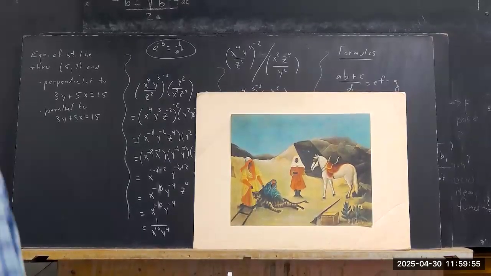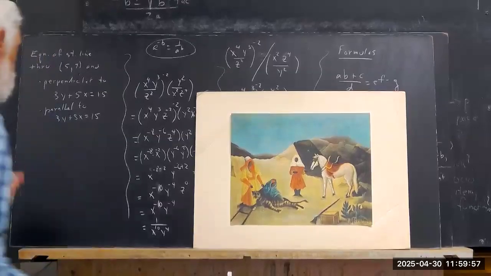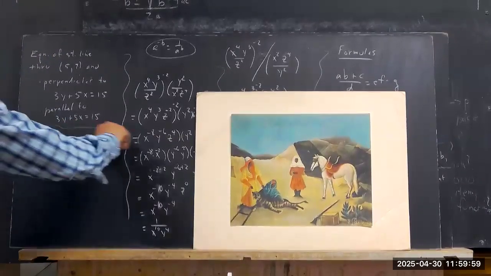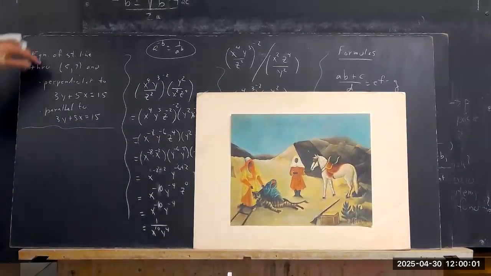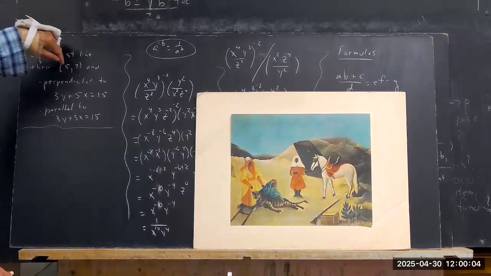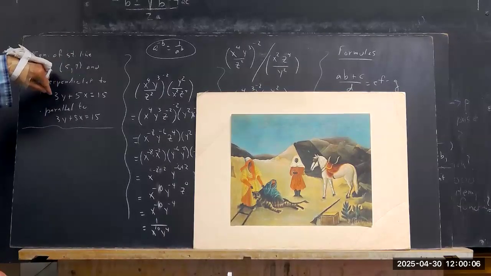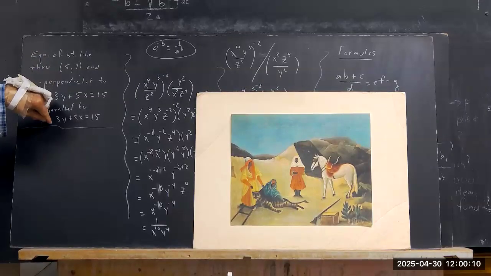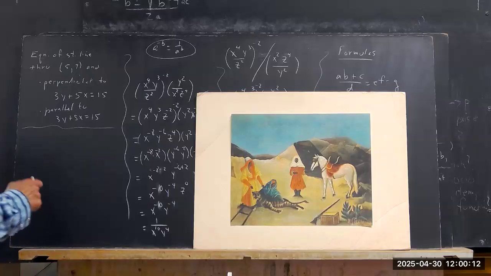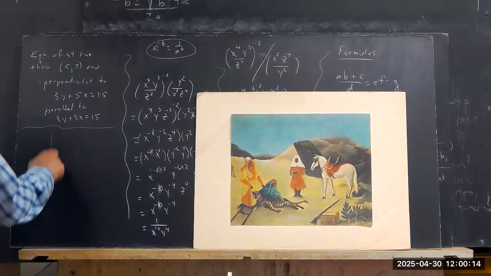And I've kind of done this, but I'm going to do it again. Okay, so find a straight line through the point (5, 7) that's perpendicular to this line, and another line that's parallel to this line. So we're going to start with a graph.